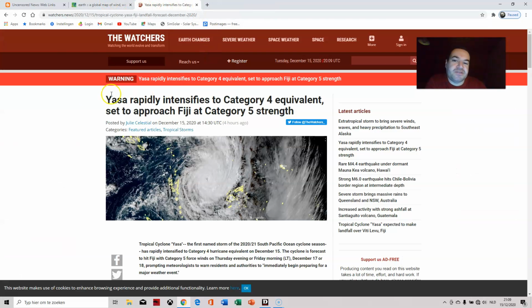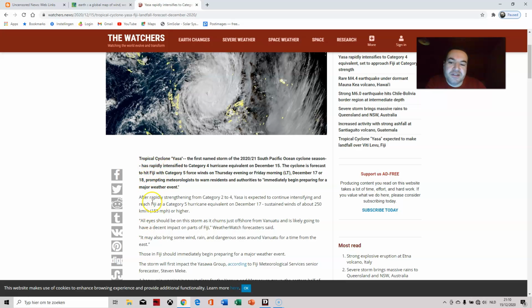Next, oh yes. So this morning this was one of the headlines. The Yasa tropical cyclone was increasing in strength, and indeed now I read this when I came home from work. Yasa rapidly intensifies to category 4, equivalent, set to approach Fiji at category 5 strength. I'm not going to read everything, just this headline.